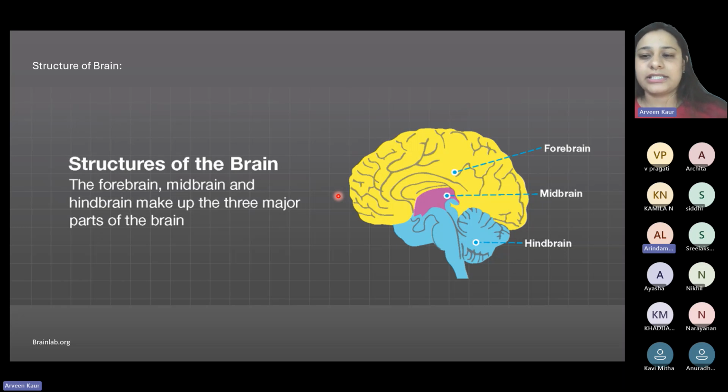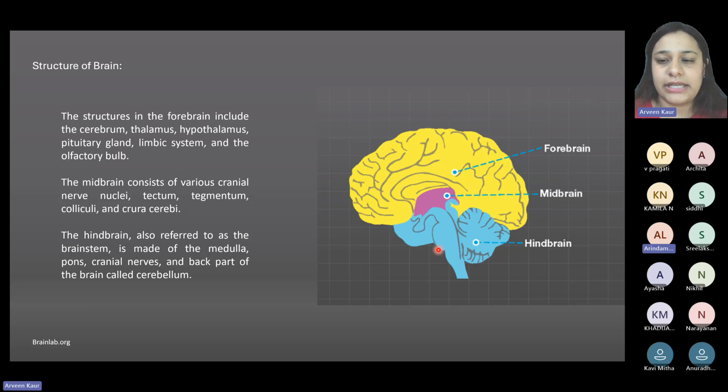Here you can make out that the forebrain is the biggest part of the brain. The midbrain is a very small region present between the forebrain and the hindbrain. The hindbrain includes those regions towards the posterior or inferior side, including the cerebellum, brainstem, pons, medulla, etc.